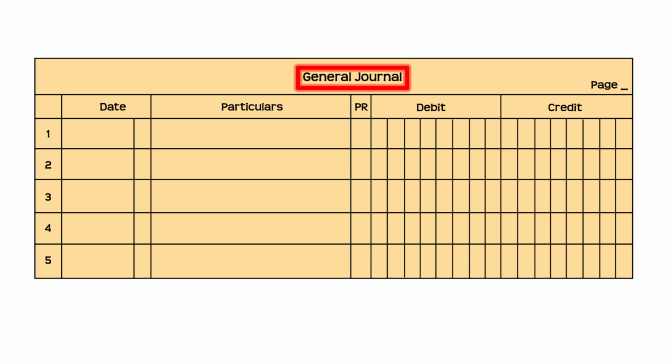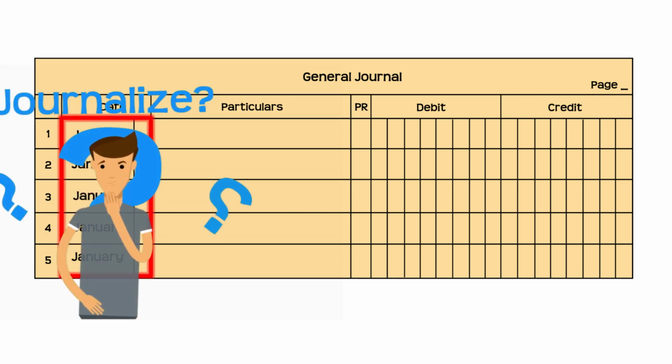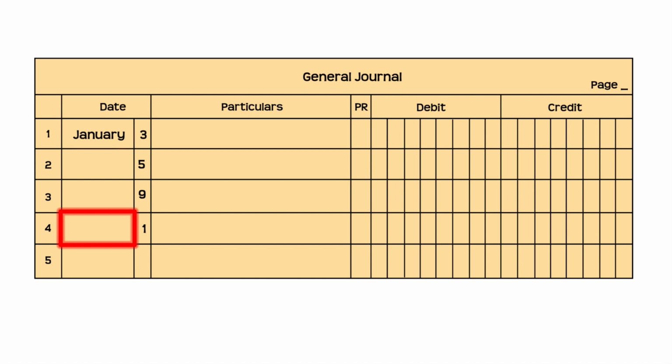First is the heading and filling up the page number on the upper right-hand column. That is given, of course. Next, on the date column, write the month of the transaction. Take note that the name of the month is not necessarily written repeatedly on the same page. However, when the month changes, the new month should be written.